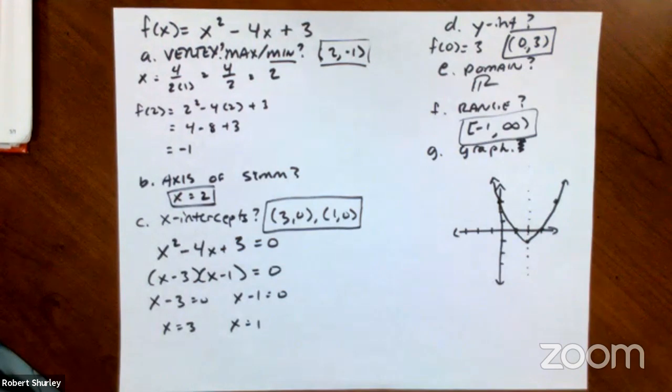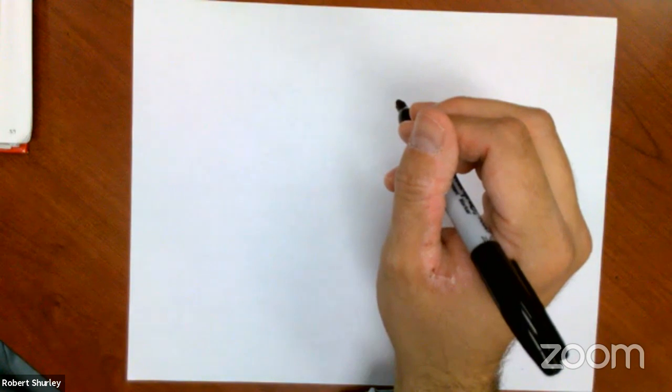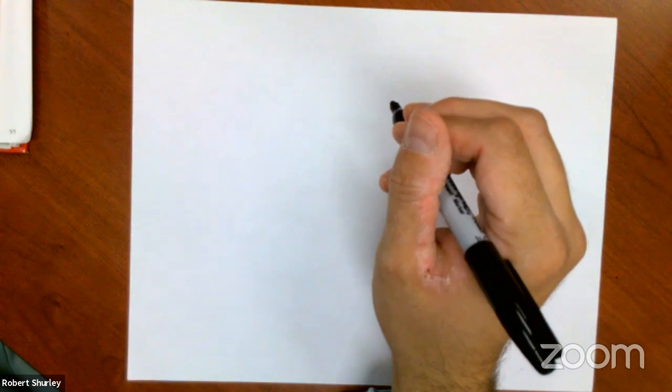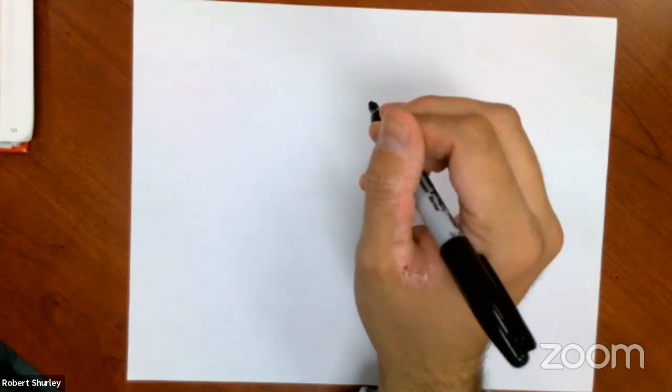Okay, let's do the paper here. Find another one that just looks different. Let's see here. I'm looking at your homework for an even.